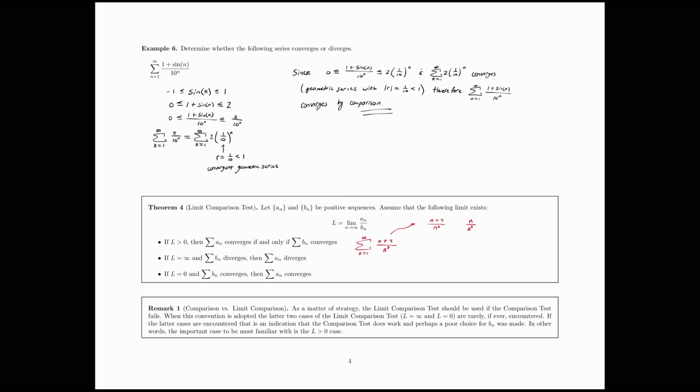But what did I do? If I got rid of the 4, that means I made the numerator smaller. If I make the numerator, and only the numerator, of a fraction smaller, that makes the fraction smaller. So we effectively get this inequality: 0 is less than or equal to 1 over n to the fourth, which is less than or equal to our given series.